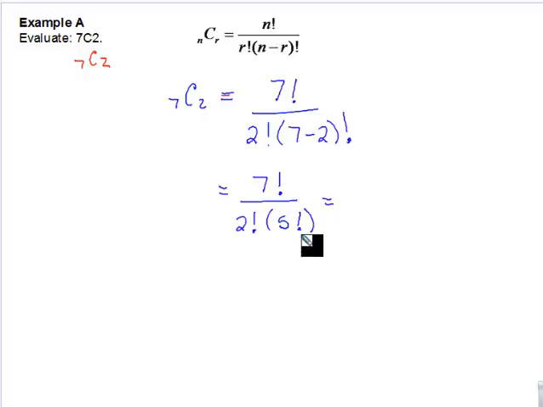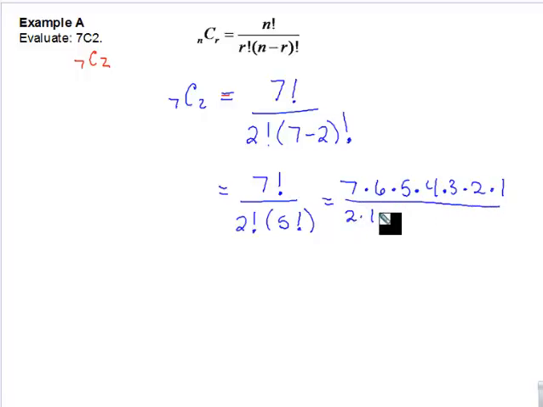If I write this all out, I have 7 times 6 times 5 times 4 times 3 times 2 times 1 over 2 times 1 times 5 times 4 times 3 times 2 times 1. And these all cancel. And so I have 42 over 2, which gives me 21 possibilities.